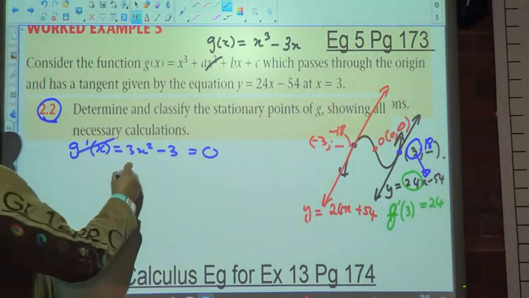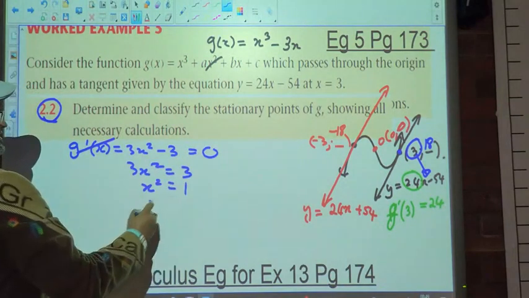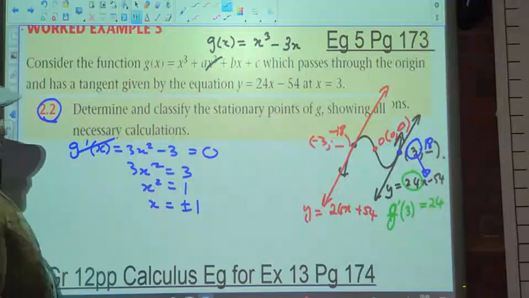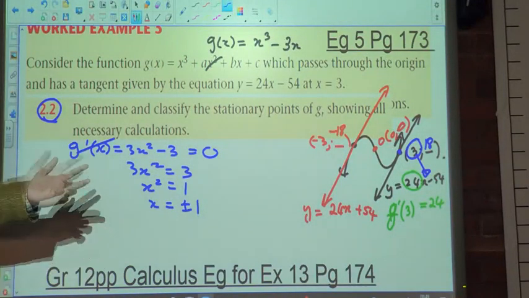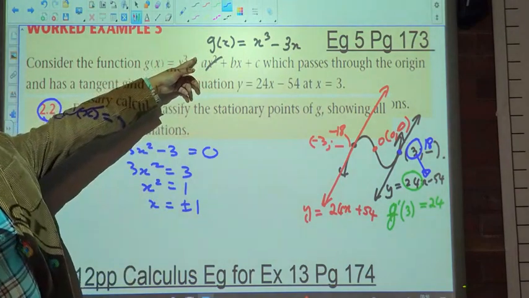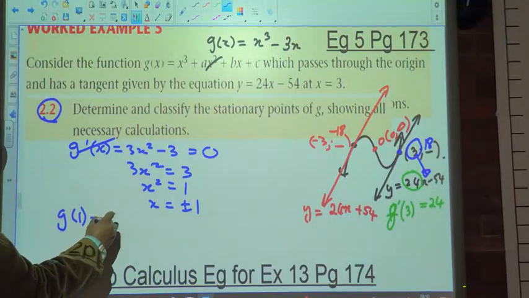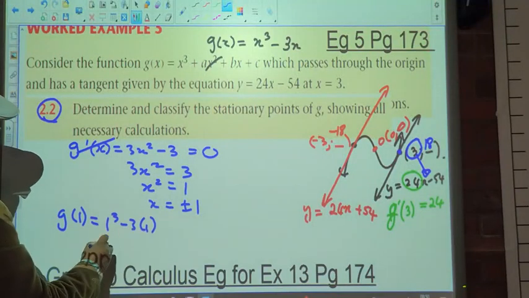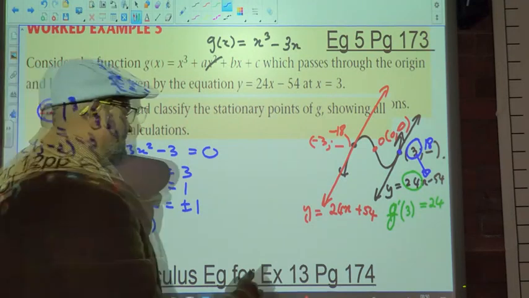So 3x squared is equal to 3, x squared is equal to 1, so x is equal to plus minus 1. How do I get the corresponding y value? Substitute this back into g of x. Not so. So g of 1 is going to be 1 cubed minus 3 times 1, which is negative 2. So the one point is going to be 1 and negative 2.